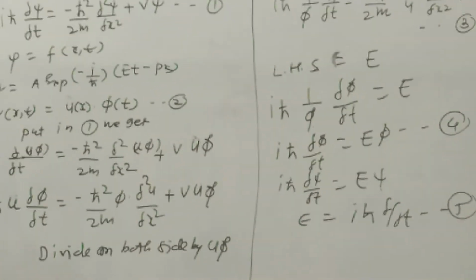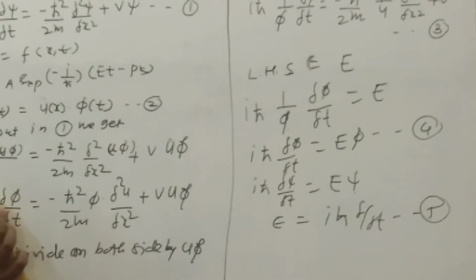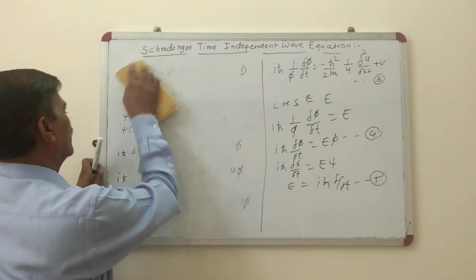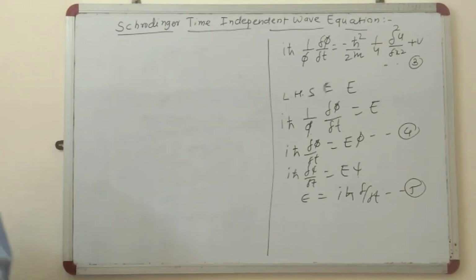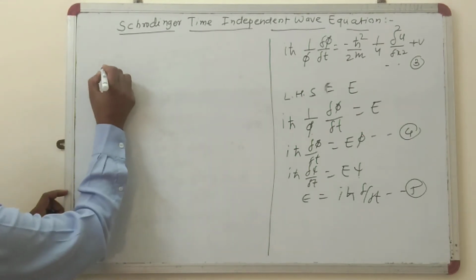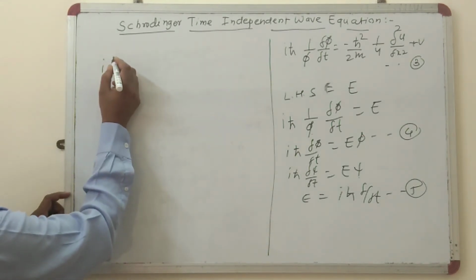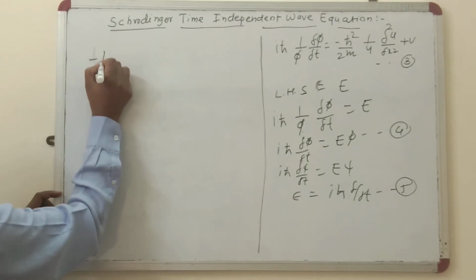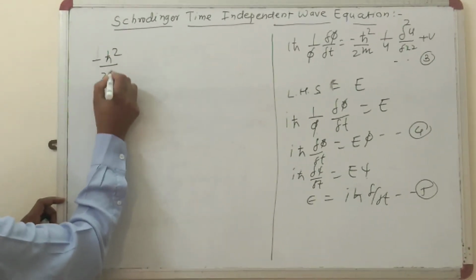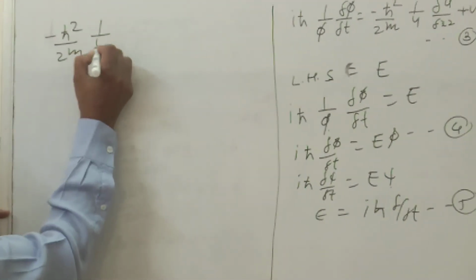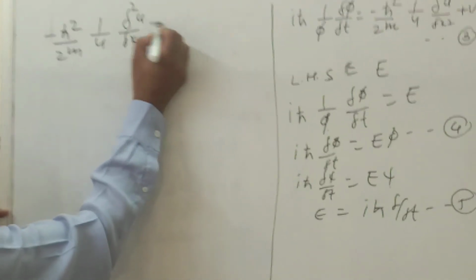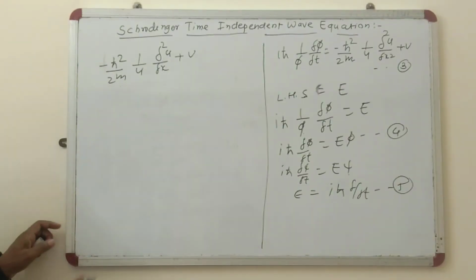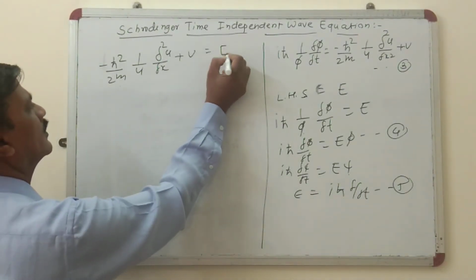Also, in equation 3 we equate the right side to E again, that is, -ħ²/2m (1/u) ∂²u/∂x² + V = E.